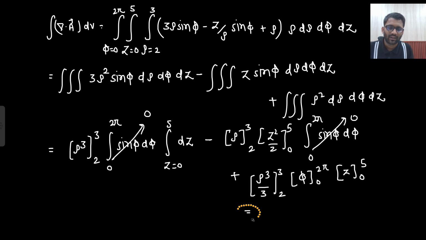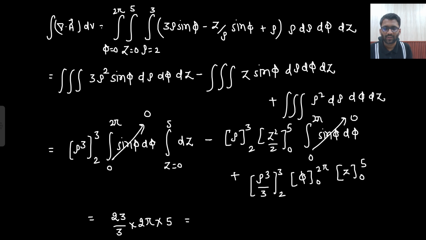What is the final answer we are getting? 27, 3 cube, so that will be 27 minus 4, 23 by 3, into 2 pi into 5.